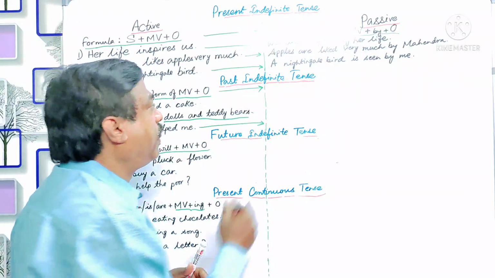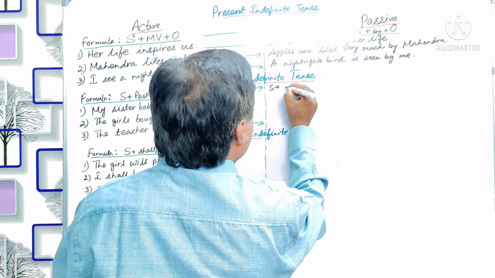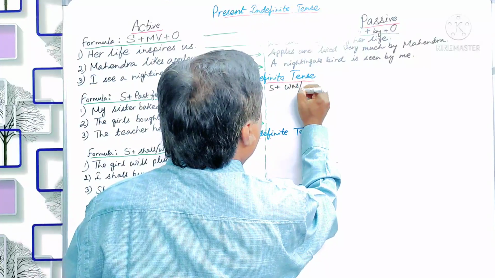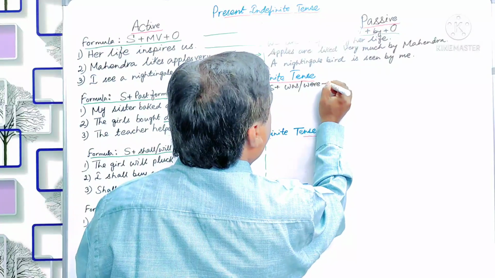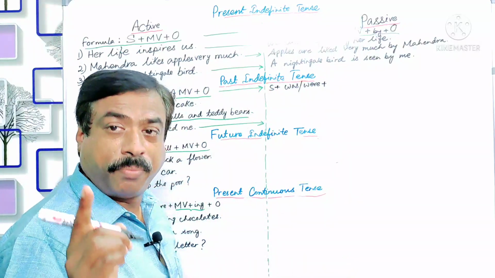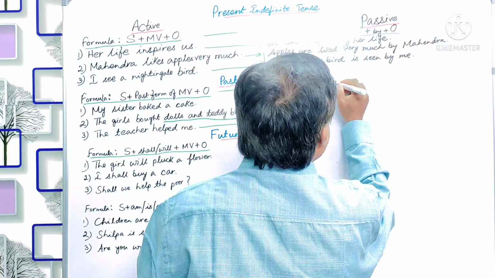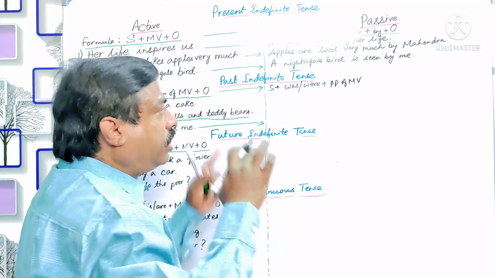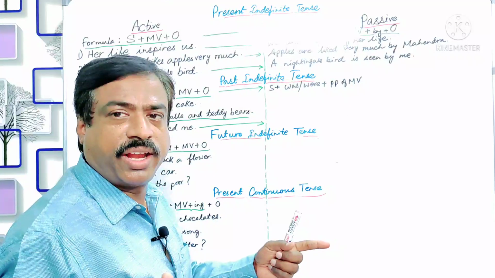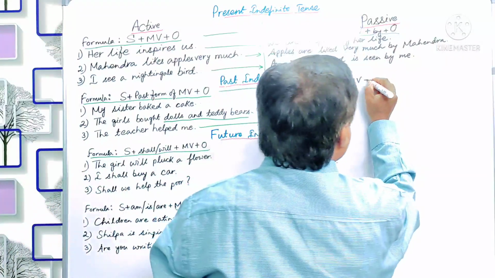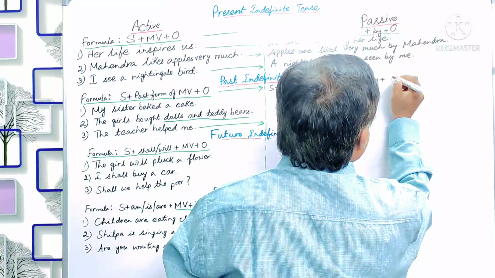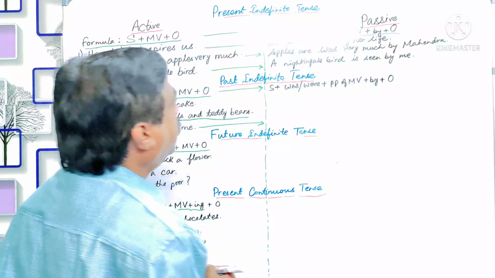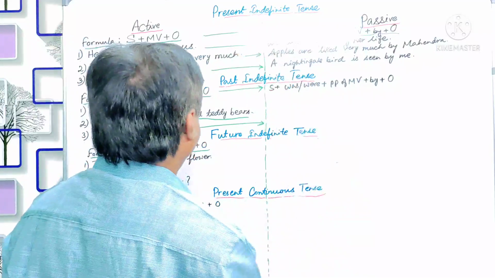It becomes subject plus was or were, then past participle form of the main verb, always PP of MV. It's very important. You will see PP of MV everywhere in the passive voice, plus by plus object. So this is the formula that is derived in the past indefinite tense in the passive voice.